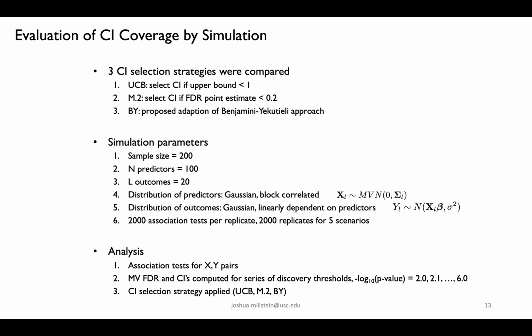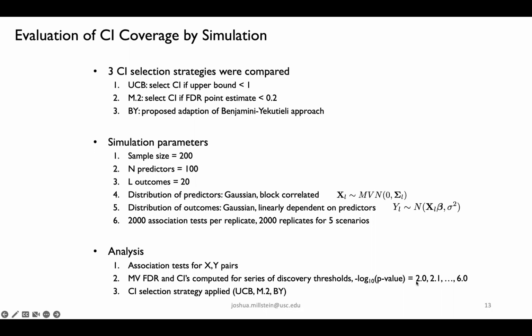And so there are 2,000 tests total, because we're looking at all the correlations between the predictors and the outcomes. So we know what the truth is. We can calculate the true FDR, and we can take a permutation-based approach to recompute the data, generate multiple permutations.